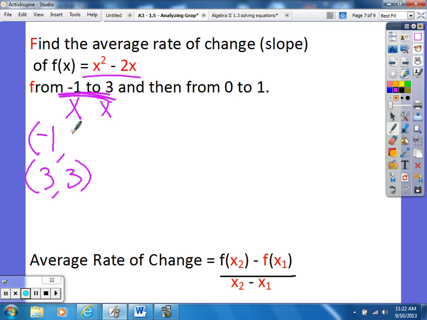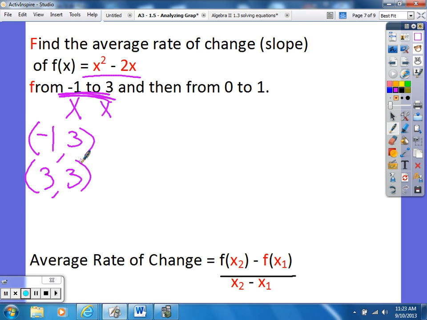So it says we want to find the average rate of change. You'll hear those words quite a bit, not only in this class, but you're going to hear them if you take physics or if you take calculus. But does this formula look familiar?